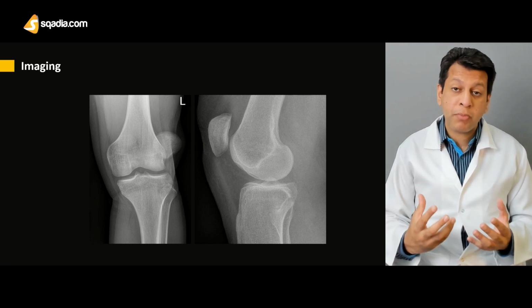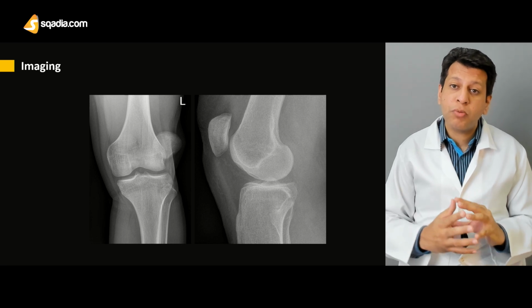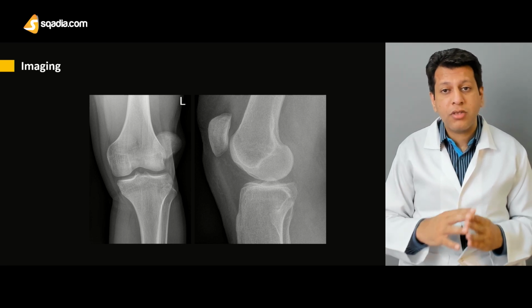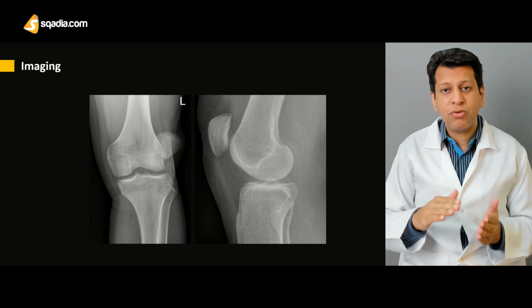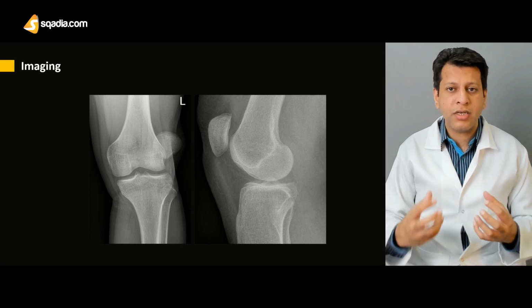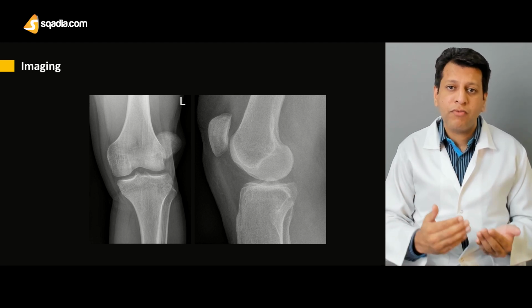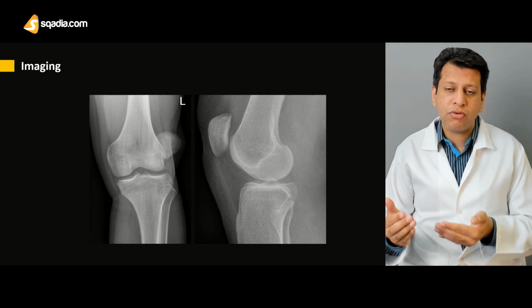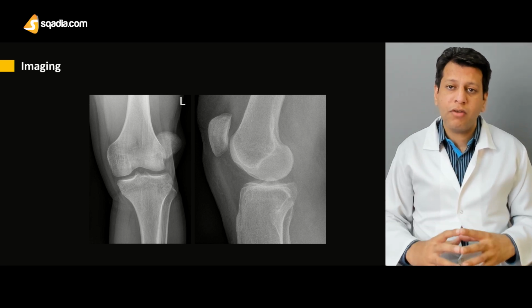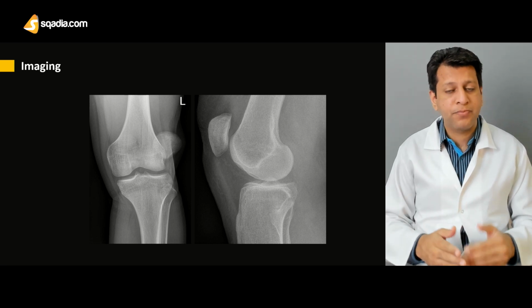We may see patellar hypoplasia as well. We may also see abnormal patellar tilt, because if there's abnormal patellar tilt due to, for example, weak medial structures and tight lateral structures, this tilt may predispose the patella to come out of the trochlear groove again and again. Therefore, with all these views, we may get an idea what exactly is wrong.